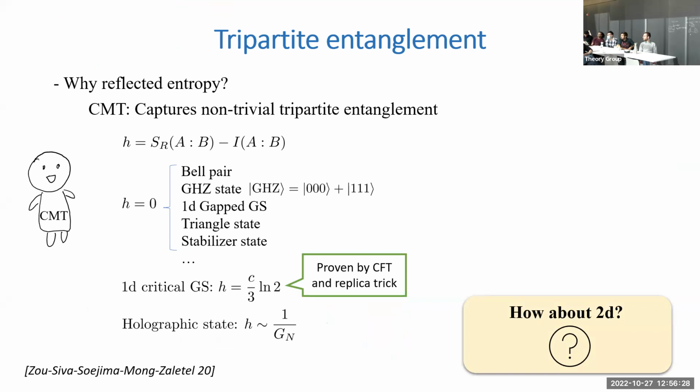And it seems like this tripartite entanglement is somehow topological, in the sense that if you have a 1D gapped ground state, it's 0 no matter what kind of local perturbation you put into it. It's insensitive to local perturbation. Like if you have bipartite entanglement, local perturbations near the cut would change it.